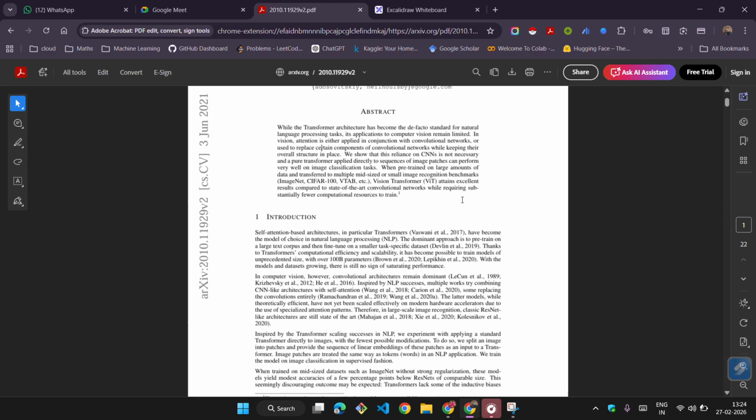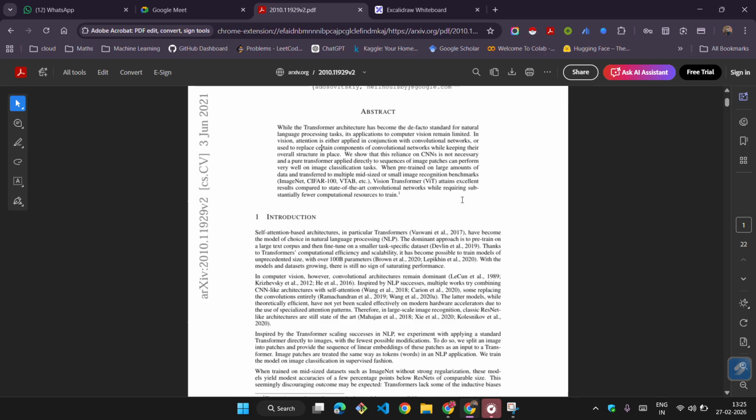Okay, so if you have some basic knowledge about transformers and attention, you will be able to know how this paper basically works. Transformers consist of two main things: one is the encoder and one is the decoder. In Vision Transformer, only the encoder is used, and there is a single encoder which has an initial patch embedding.